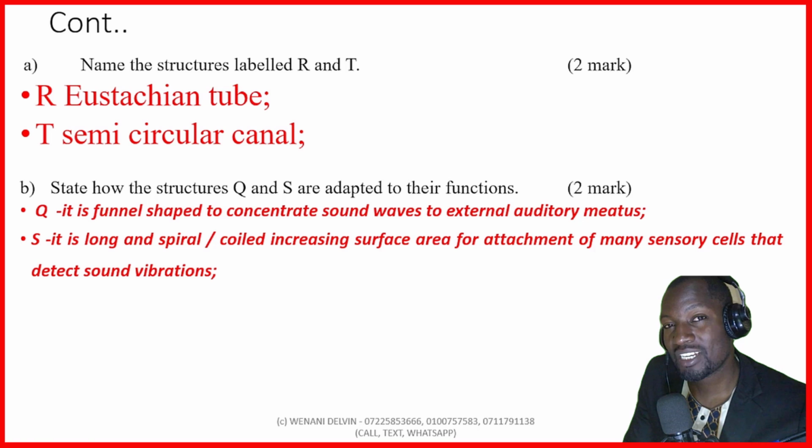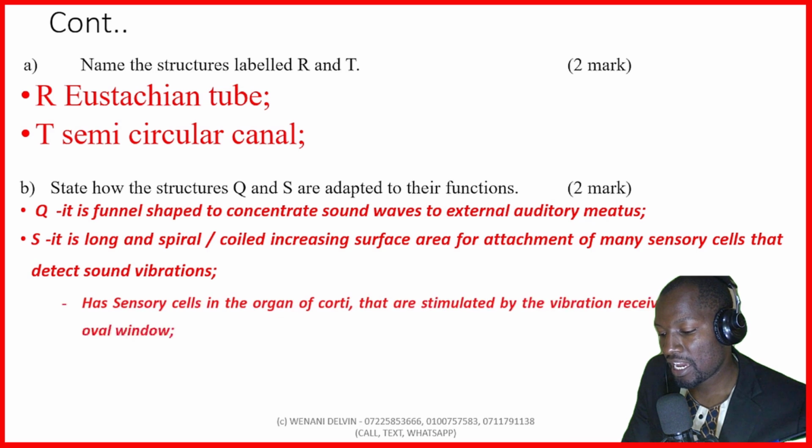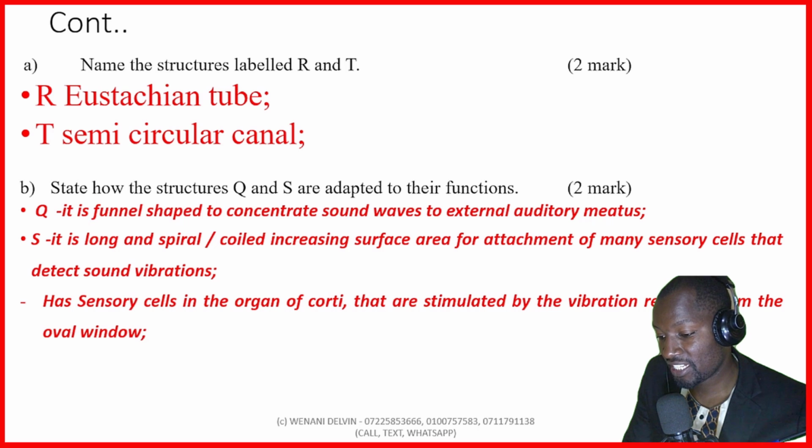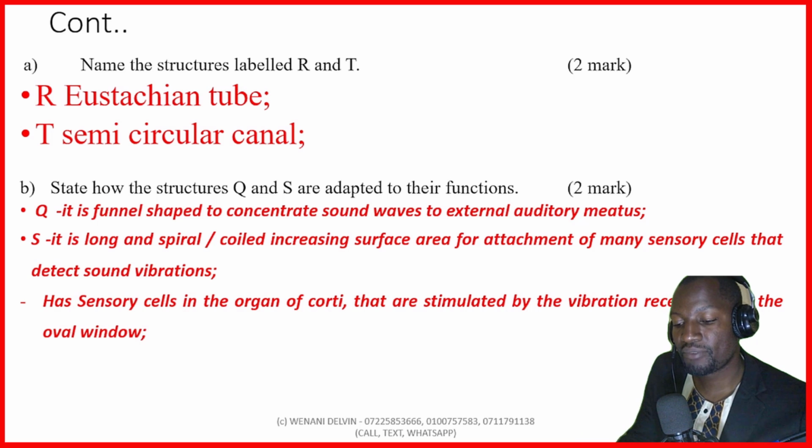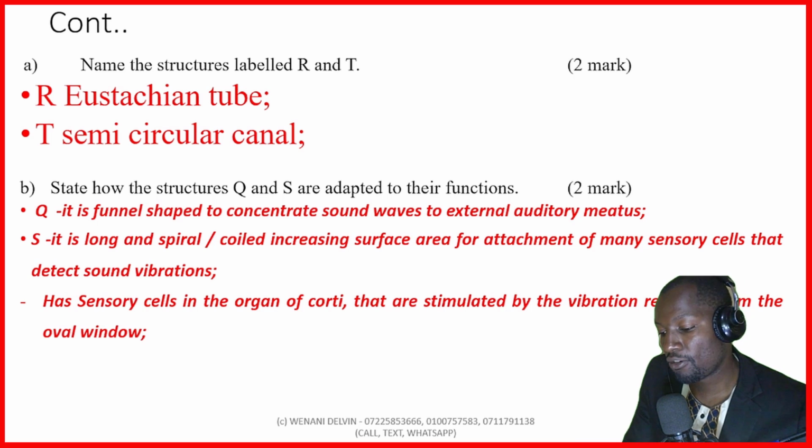Remember, this is a place where sound vibrations are detected, and therefore it must have what we call sensory cells. It also has numerous sensory cells in the organ of Corti that are stimulated by vibrations received from the oval window.